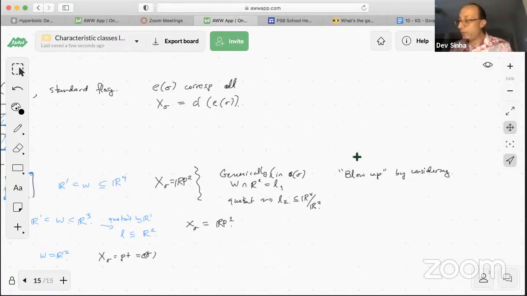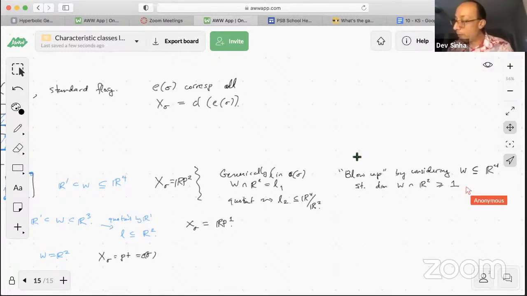So we consider the W inside of R4 such that the dimension of W intersect R2 is at least 1. So that will be somehow in the closure, right? We're including, for example, the first base point, and that's a key example. That's where the blow up is really going to happen.